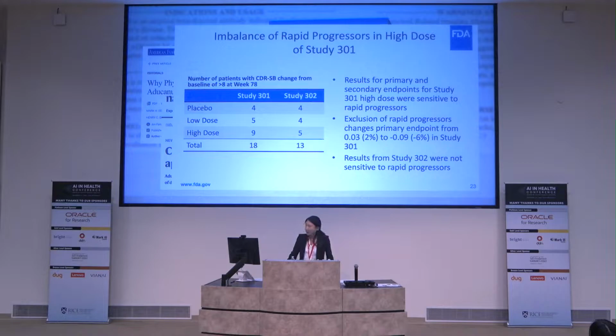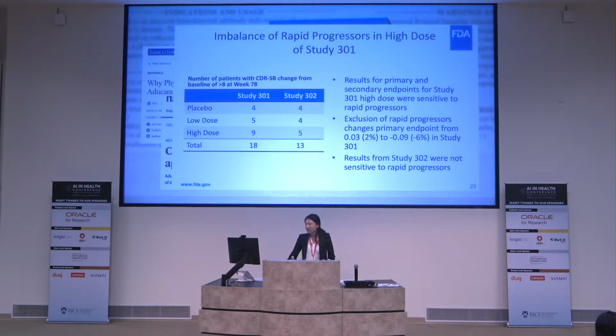Study 302 showed really good effectiveness. The effect size was really significant when the treatment group was compared to the placebo. But the other phase 3 trial, study 301, didn't show any significant effect size.